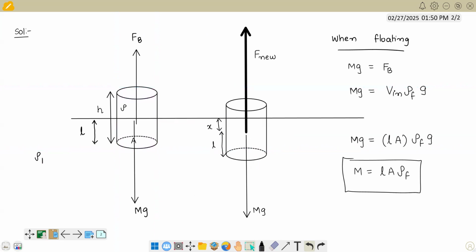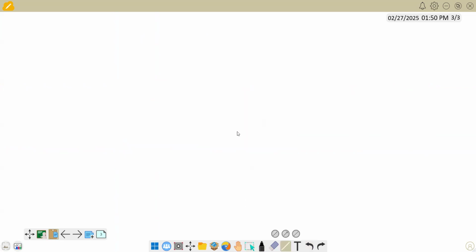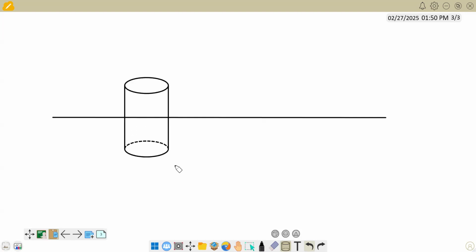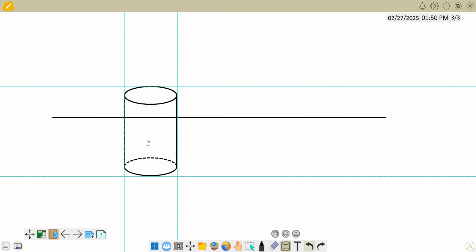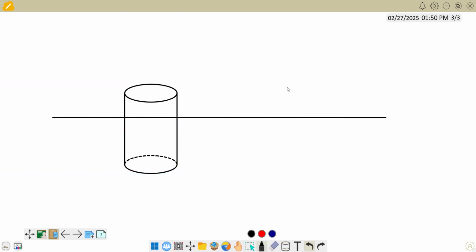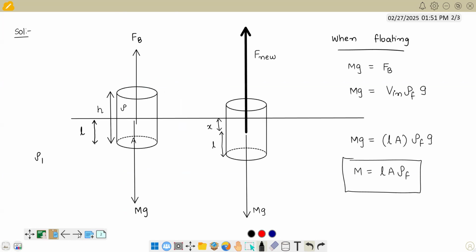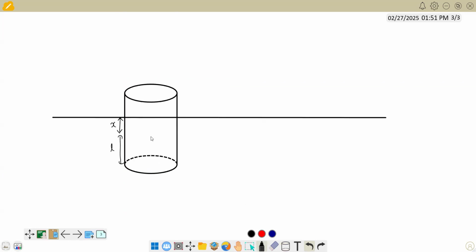Now let us take this entire thing to the next page. So we have a surface and we have a cylinder. Most of the cylinder is inside now. This will be x and this will be L. L was the original length that was inside. Now two forces, mg and force of buoyancy.